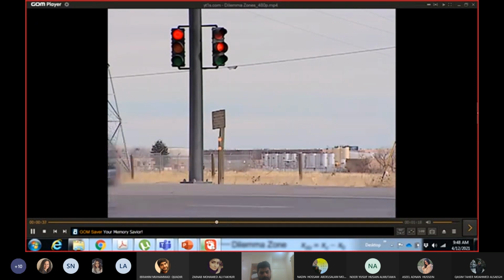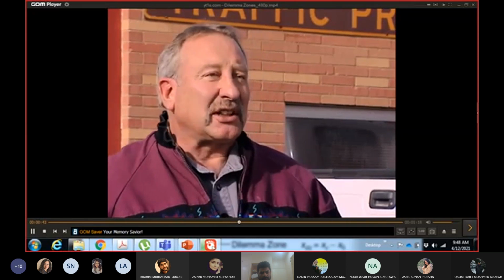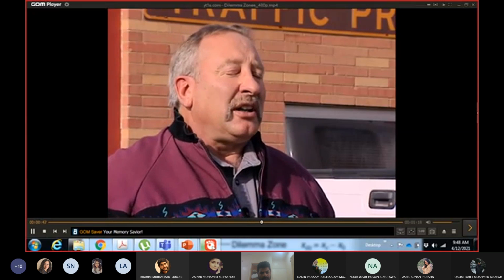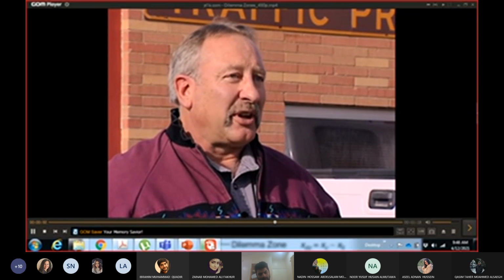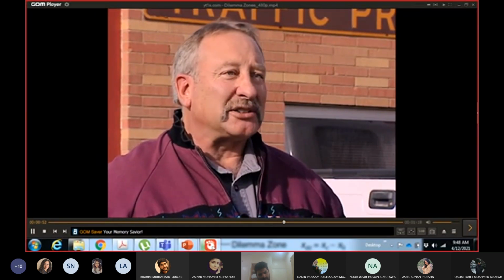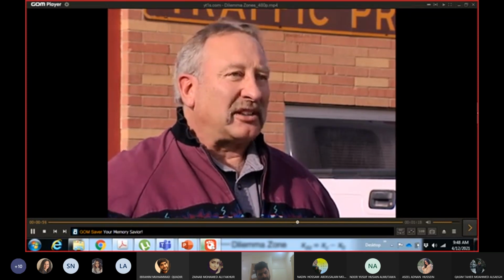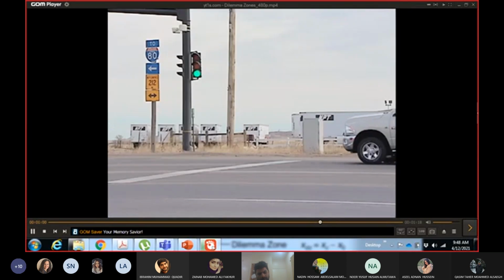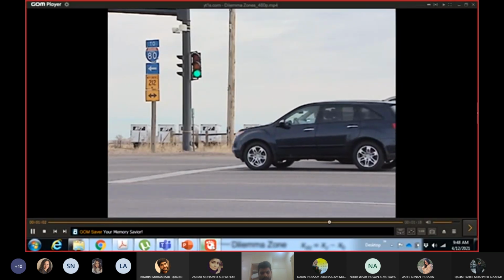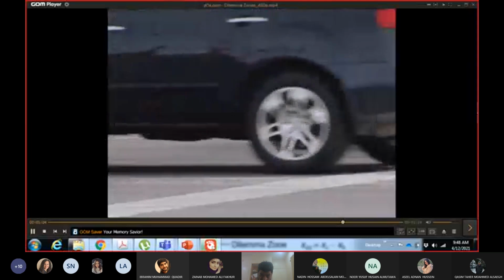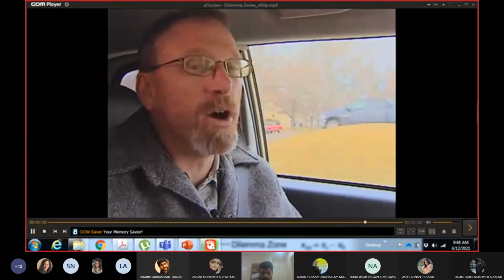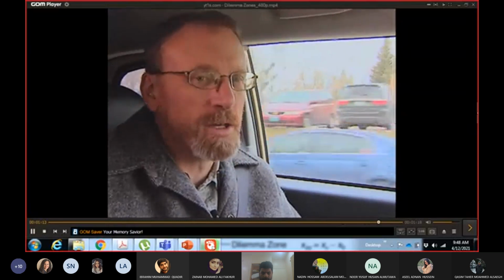It's a radar detection, and it tracks the vehicles. It's tracking where that car or that truck is. And if it's inside that zone, it says, okay, I'm going to keep this light green. If it's not inside that zone, it's either way back and can make a safe stop, or it's coming up and it can safely get through on the yellow. The system has been used at 5 intersections so far with good results. More than 40 intersections are slated to have the technology installed over the next 3 years using federal highway safety funds. Remember, if there's ice and snow, take it slow and always buckle up. This is Doug McGee reporting.